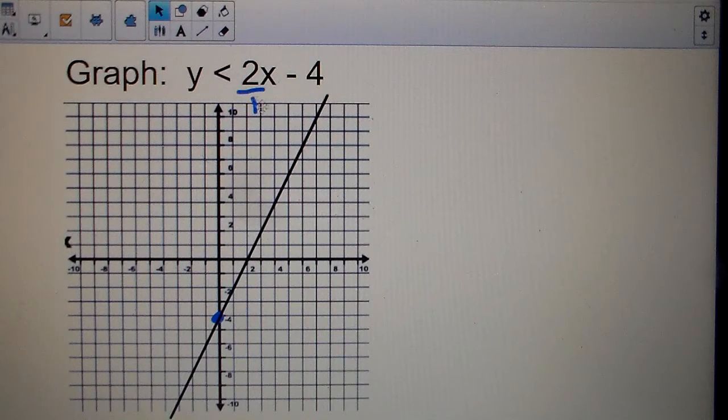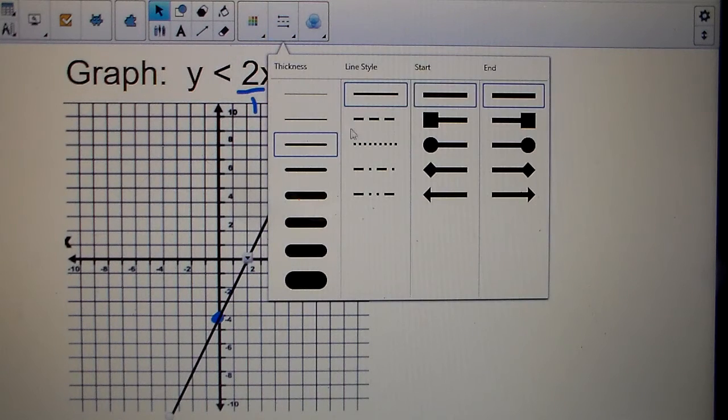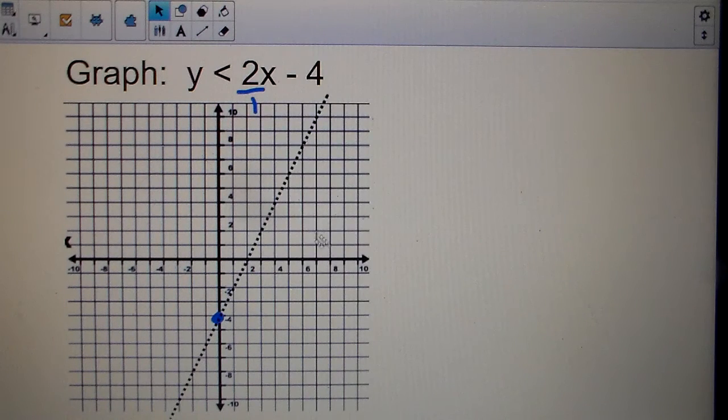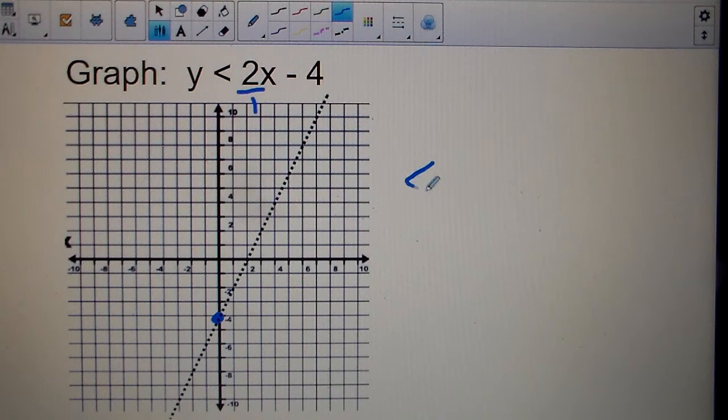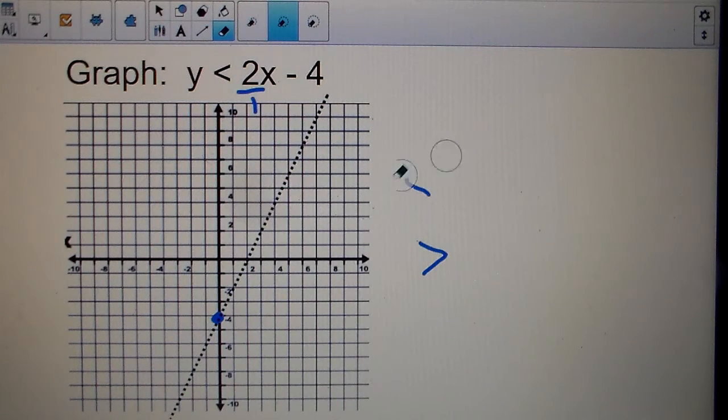Now this is less than. Anytime it's a less than or a greater than, we need to make this line a dashed line. So anytime you see either less than or greater than, that line is going to be dashed. That's why I made it dashed.